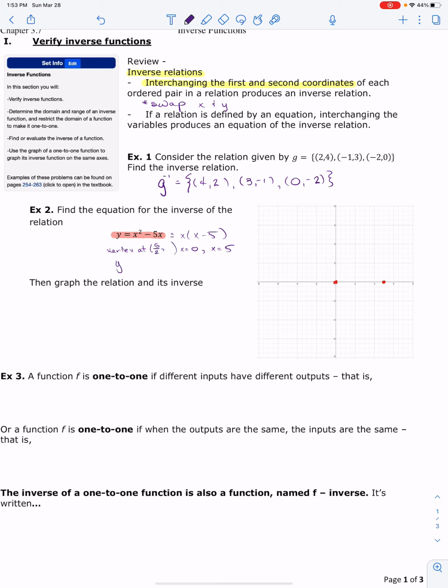And then we just plug in that 5 halves. We're going to square that. We're going to subtract. 5 halves squared is 25 fourths. 5 halves times 5 is 25 over 2, which makes it 50 over 4, which gives us negative 25 over 4.